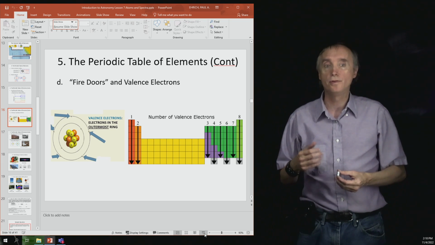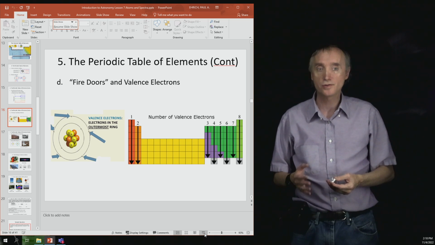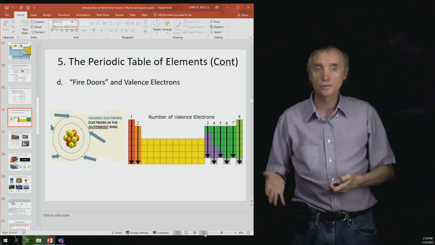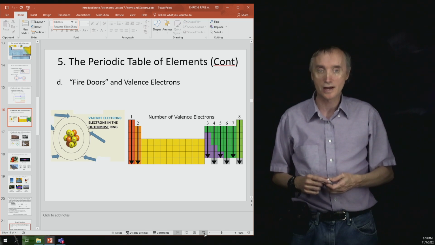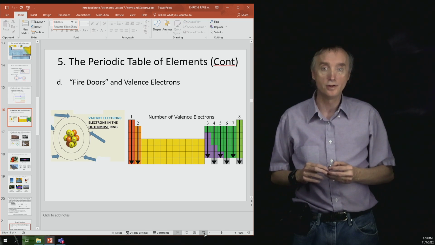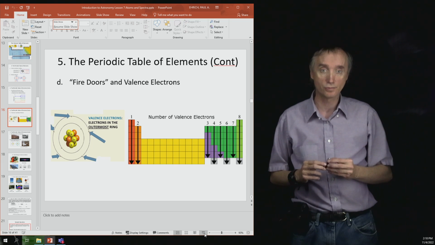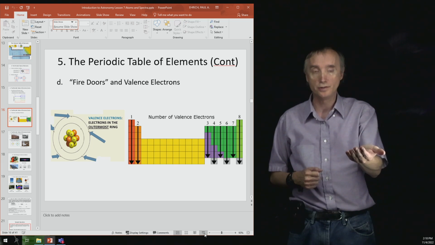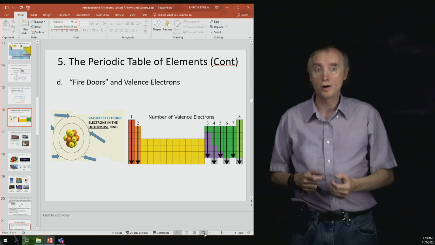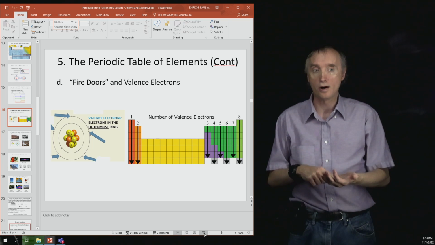Now, it doesn't really turn into neon, but by getting rid of that extra electron, it's very satisfied, and it will give up that electron to anything. It doesn't really care. If you hold a piece of sodium in your hand, it's going to burn your hand because the sodium is going to start to react with the water in your palm.